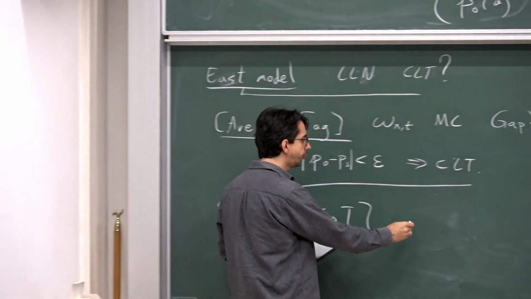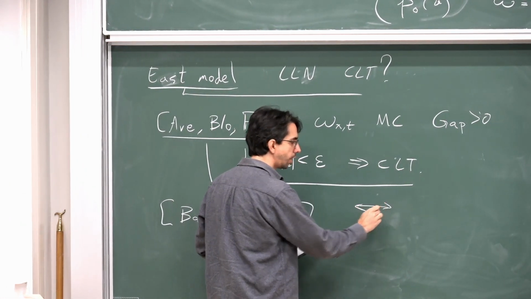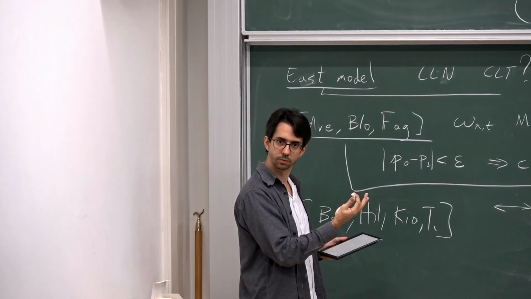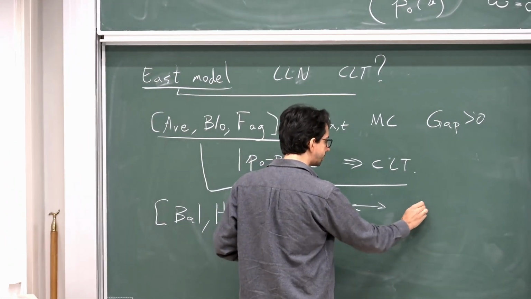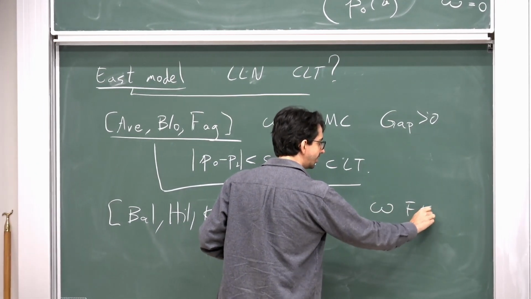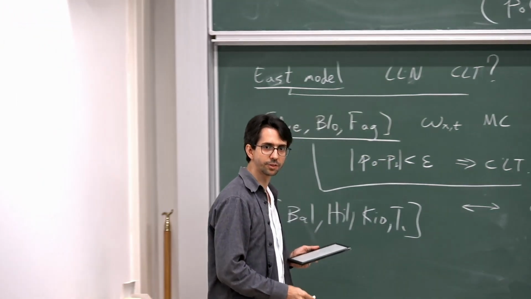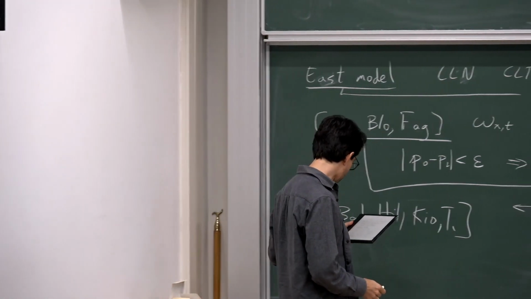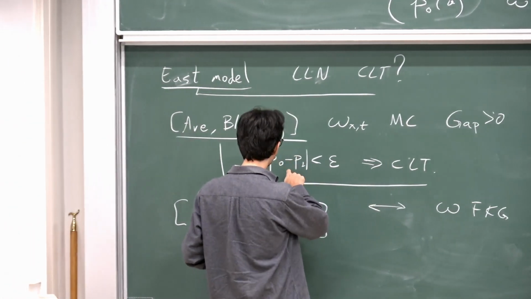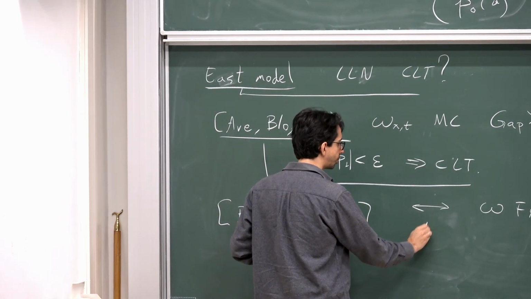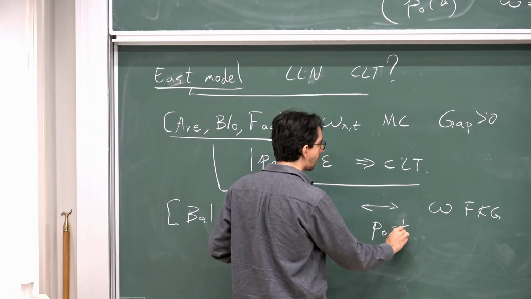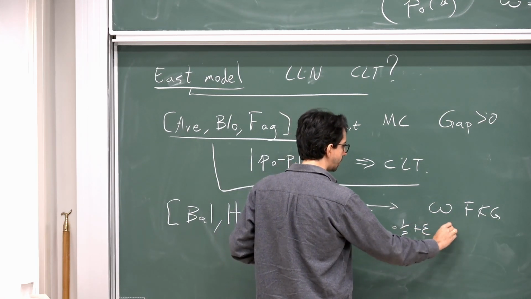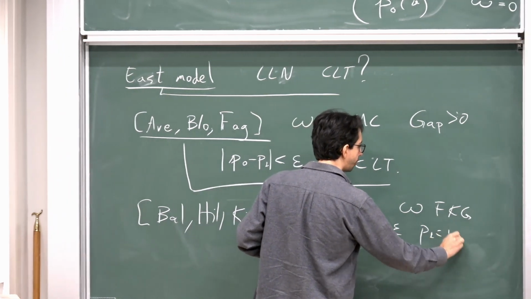But basically, if your random walk is left-right symmetric, and your random environment is FKG, something that doesn't appear often in this area, and you're perturbative, since we are symmetric and perturbative, it basically means P0 is 1/2 plus epsilon, and P1 is 1/2 minus epsilon.